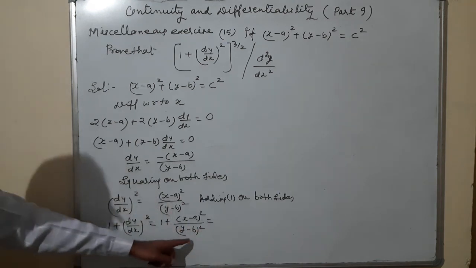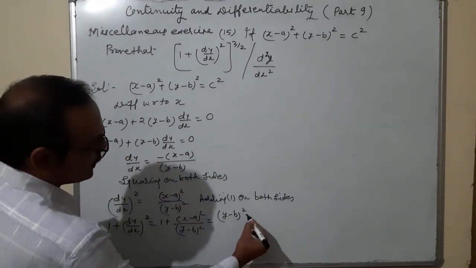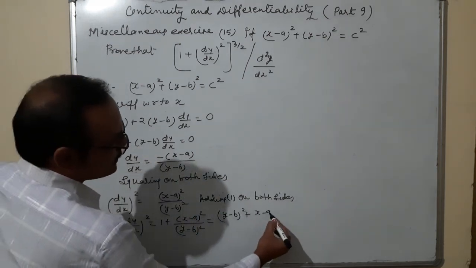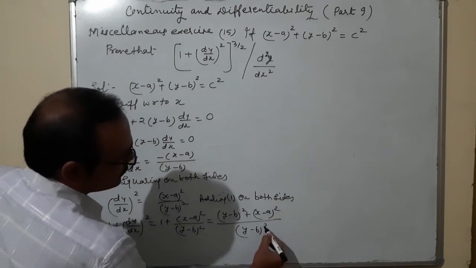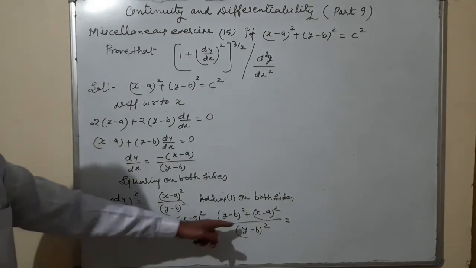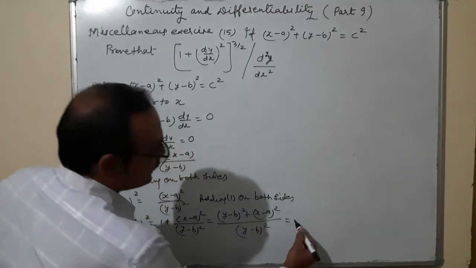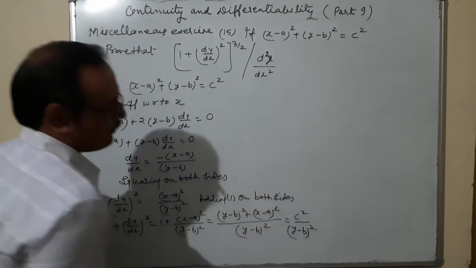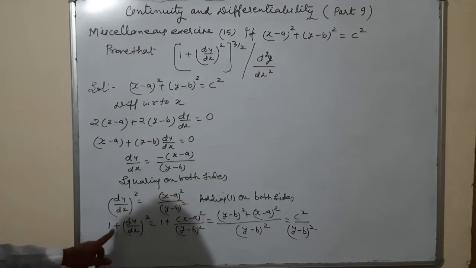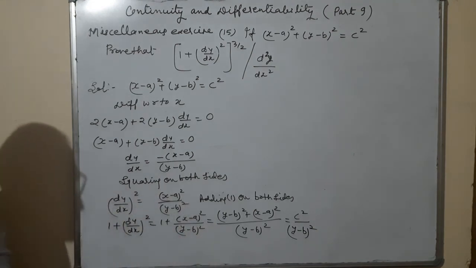Taking LCM, 1 upon 1, it comes (y minus b) whole square plus (x minus a) whole square upon (y minus b) whole square. And because (y minus b) whole square plus (x minus a) whole square is equal to the given c square, I'll write here c square upon (y minus b) whole square. Is it okay? This is the value of 1 plus (dy by dx) whole square. So that is one term.